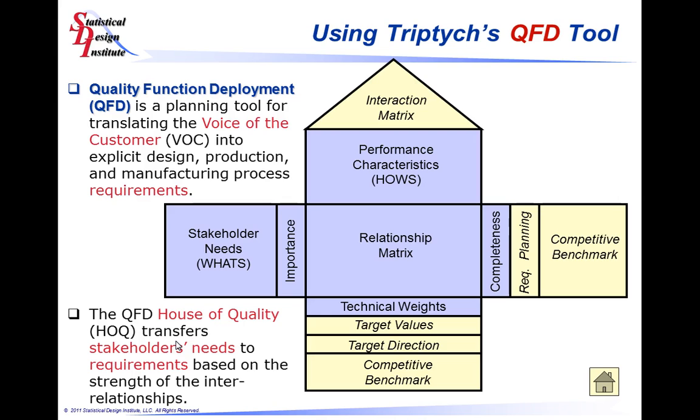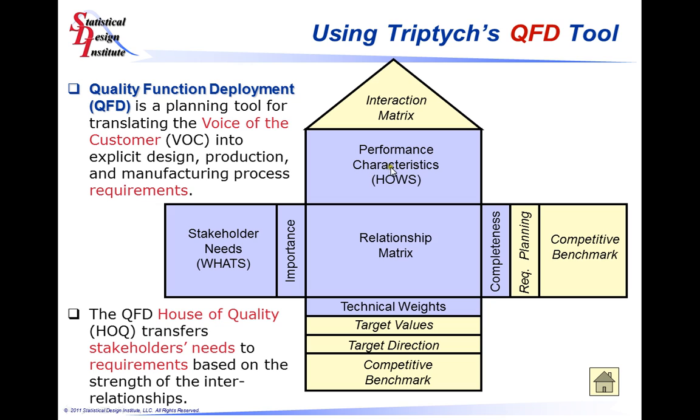A classical house of quality, or QFD matrix, is shown on this slide. We start off typically with identifying the stakeholders' needs, which are typically identified as whats within a QFD matrix. Understanding the importance of each one of these whats and including this information.